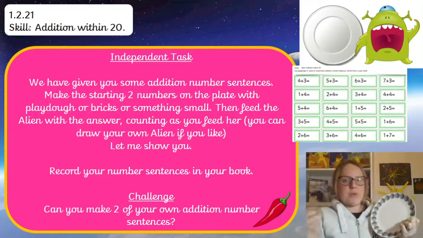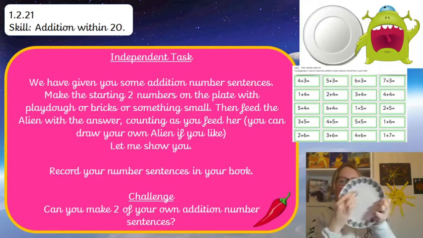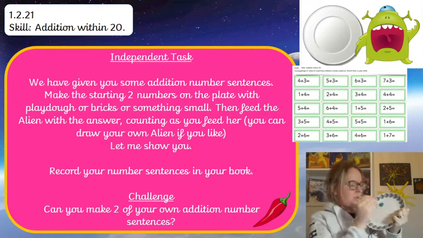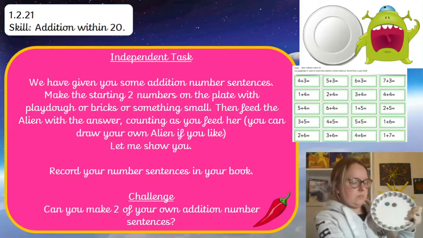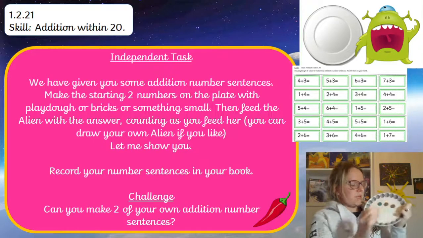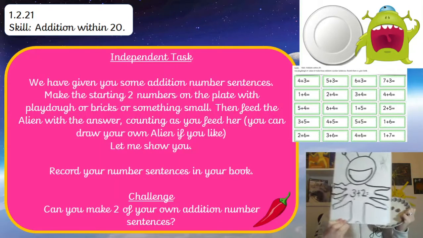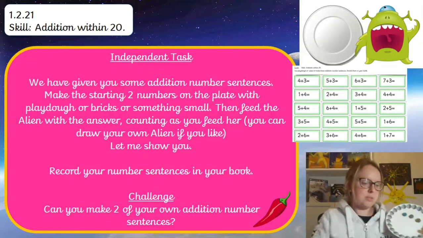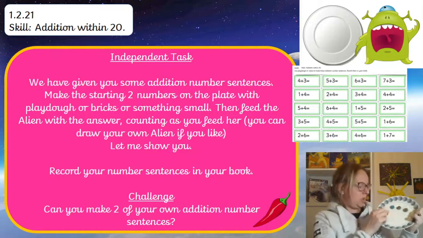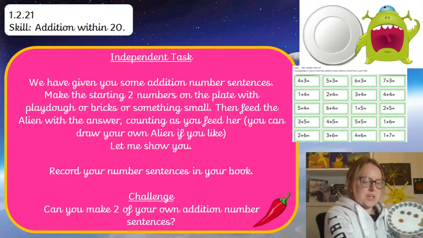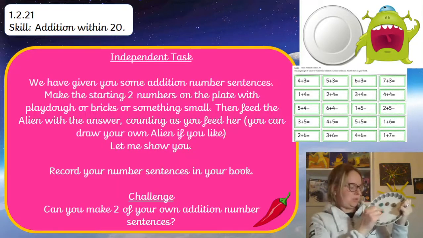And I'm going to make my 3. So 1, 2, 3. Now what was the other number in my number sentence? It was 2. 3 plus 2. So I need 2 more balls of Play-Doh or alien food.